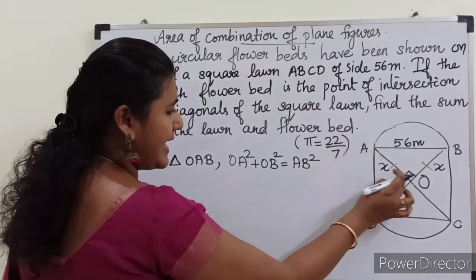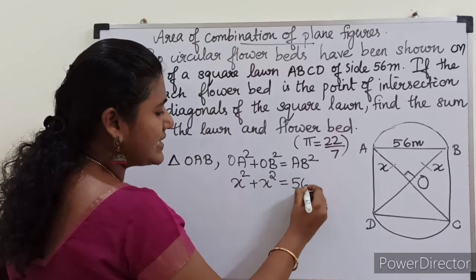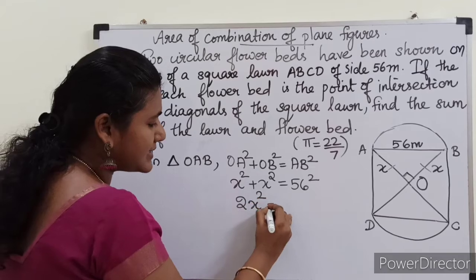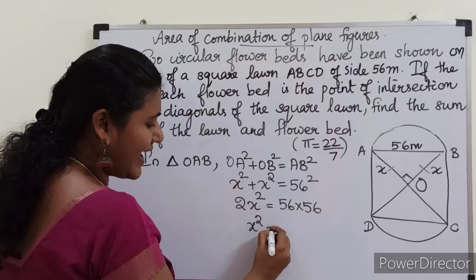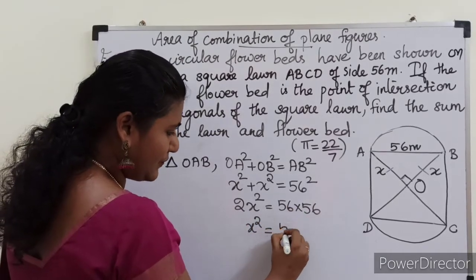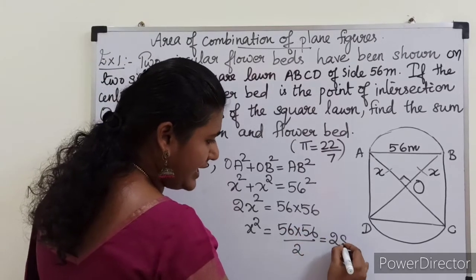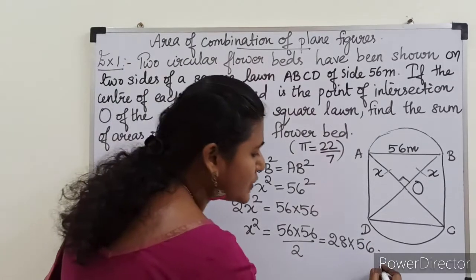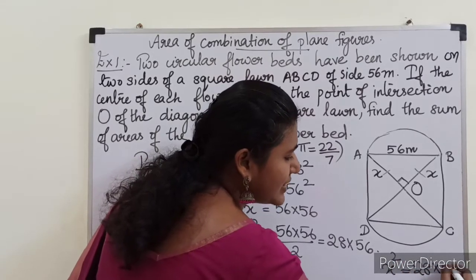OA is x, so x square plus x square is equal to 56 square. When you add these two, 2x square is equal to 56 into 56. From this we find x square equal to 56 into 56 divided by 2, which is 28 into 56. So the value of x square is 28 into 56.